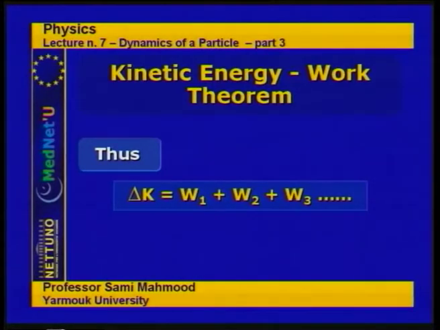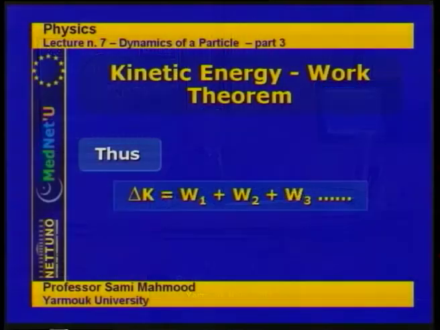That is the total work done by all external forces on the object. And since all the work done by external forces acting on the object is responsible for the energy transfer, we arrive at the conclusion that the difference in kinetic energy, delta K, for the object is simply equal to the sum of the work done by all the external forces on it.